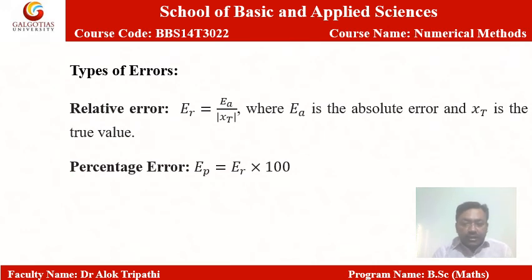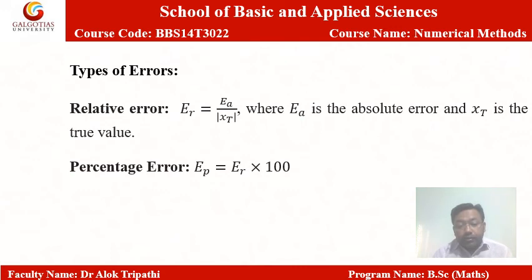The next type of error is relative error. What is it? If you divide the absolute error by the absolute value of the number, then you will get the relative error in that number. So it is represented by ER, and it is equal to EA, the absolute error, divided by the absolute value of the number.